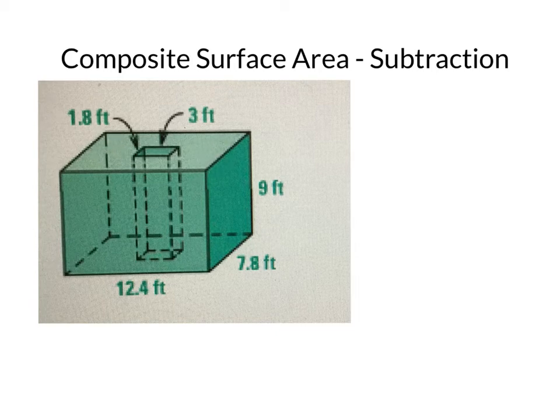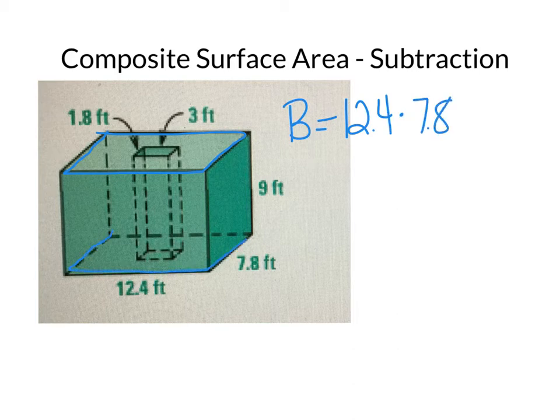We take this outer rectangle, which is 12.4 times 7.8. Remember, this is the base too. That is 96.72 for the whole entire rectangle. Now we have to subtract off this little one here.